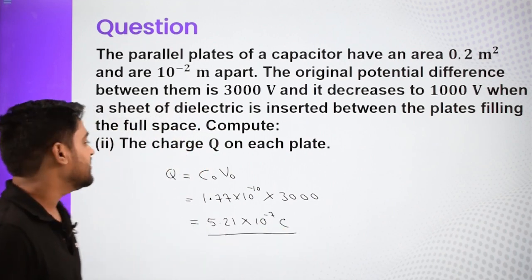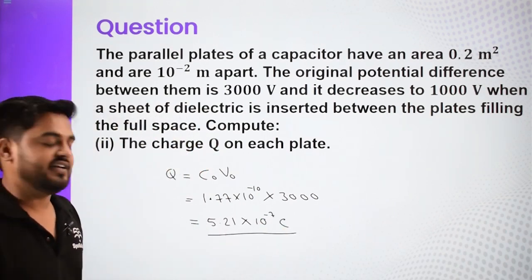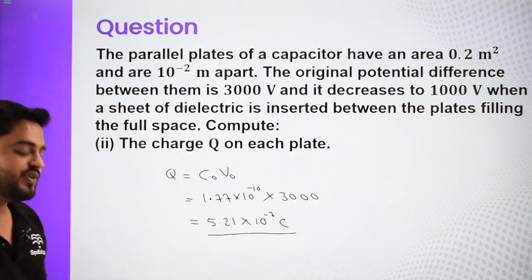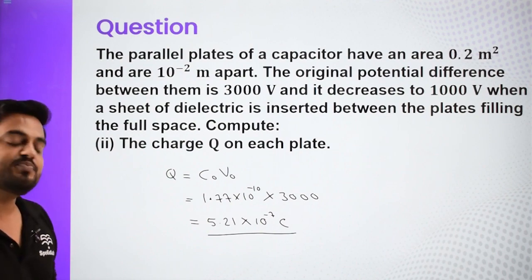So this is the charge on each plate. One will have positive, the other negative, but on each plate the magnitude is 5.21 into 10 raised to power minus 7 coulomb.